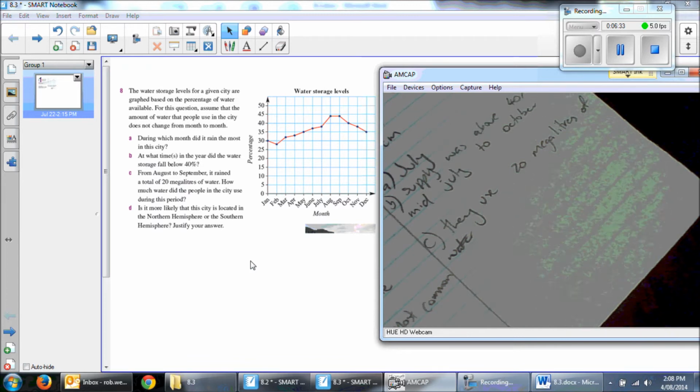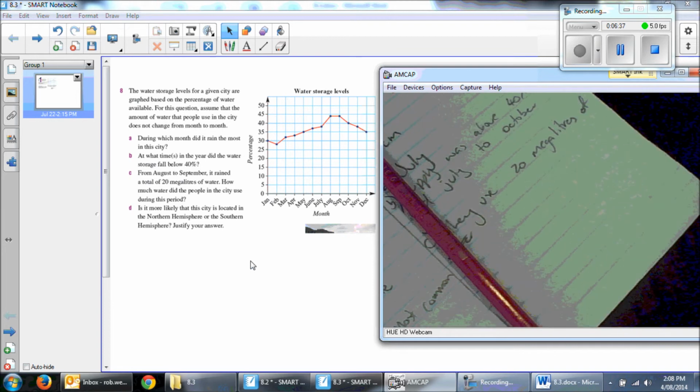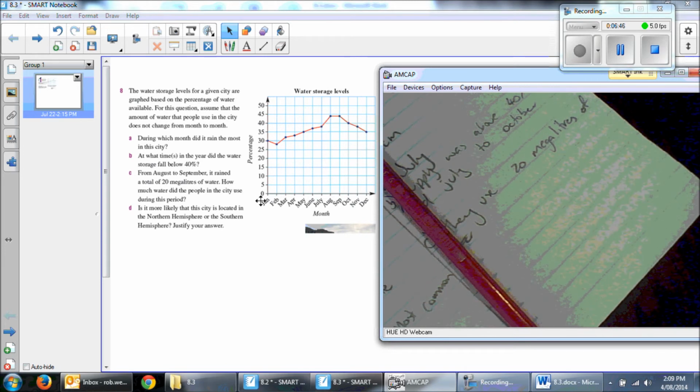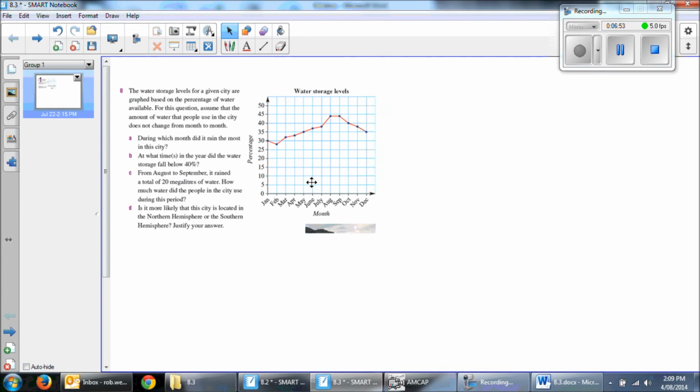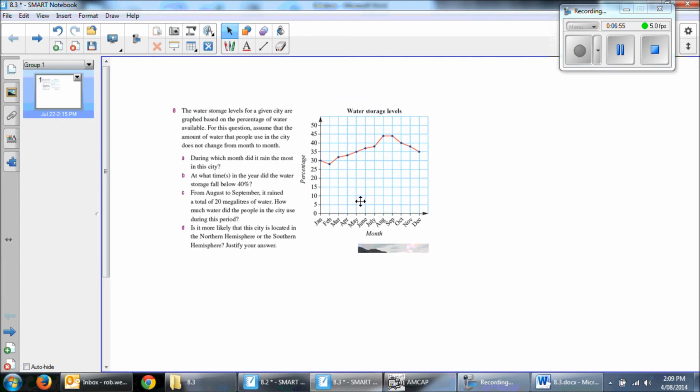So if you work out which times of year we have our summer, and if the rainfall period is quite heavy based on this graph during those months, you could assume that it's probably going to be in the southern hemisphere. Now, if on the other hand it's the complete opposite to that, I would assume that it's in the northern hemisphere, due to the fact that their rainfall levels go up during those cooler months for us, and obviously in the northern hemisphere it'll be the opposite.